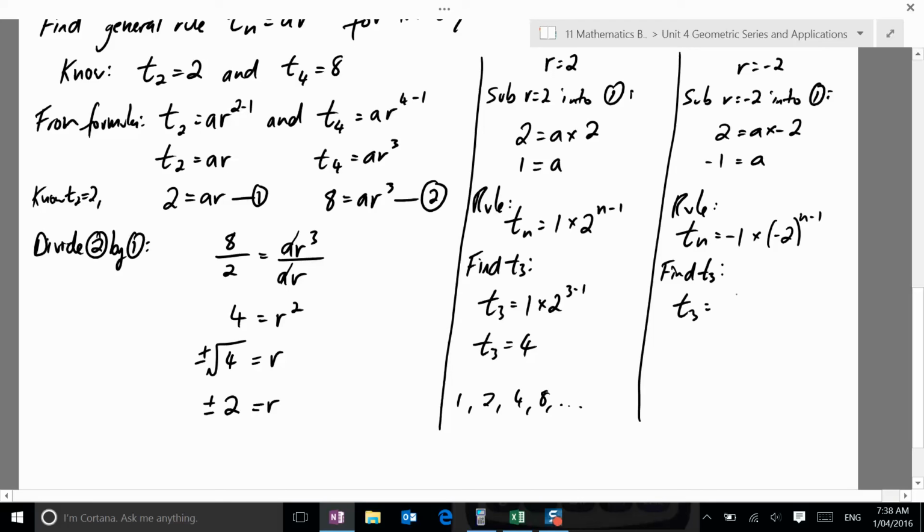So T3 is minus 1 times minus 2 to the power 3 minus 1. We can put this in our calculator if we want. We'll end up getting minus 4. So our sequence in this half would be minus 1, 2, minus 4, 8.